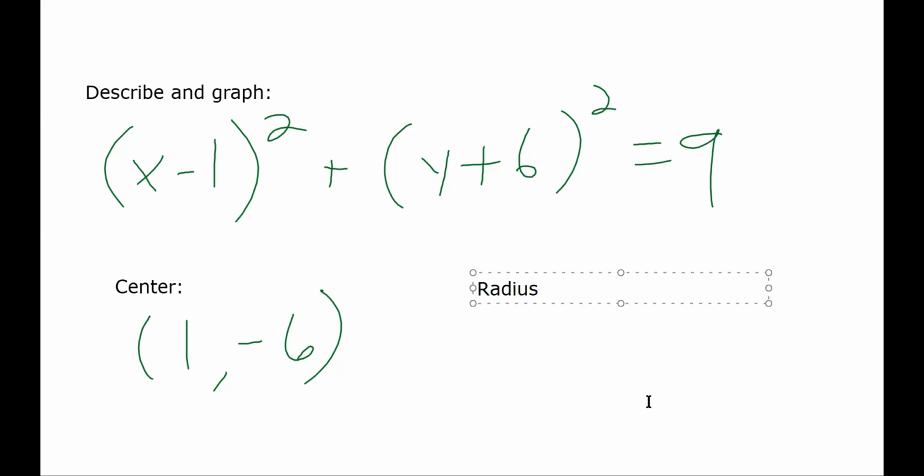It's going to have a radius. Remember, the radius is the distance from the center of the circle to any point on the actual boundary of the circle. The radius was written as r squared, meaning it's already been squared. In other words, you got to take the square root of what you see over here on the right-hand side of the equation.